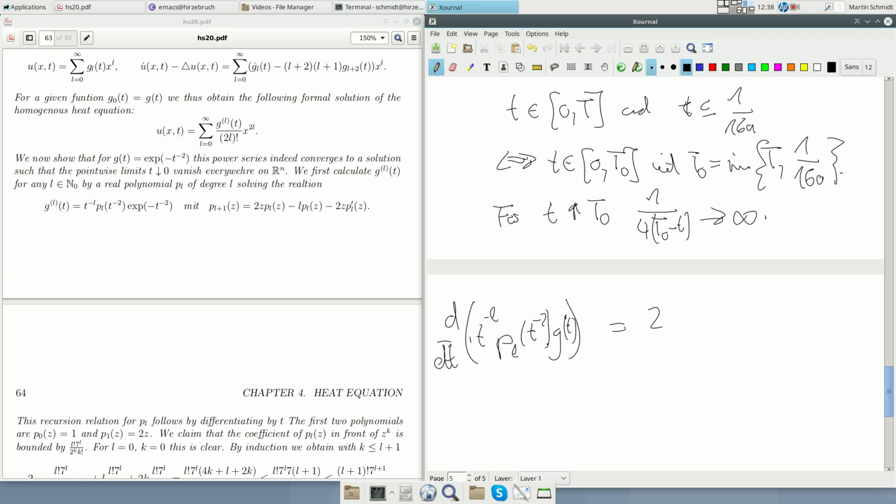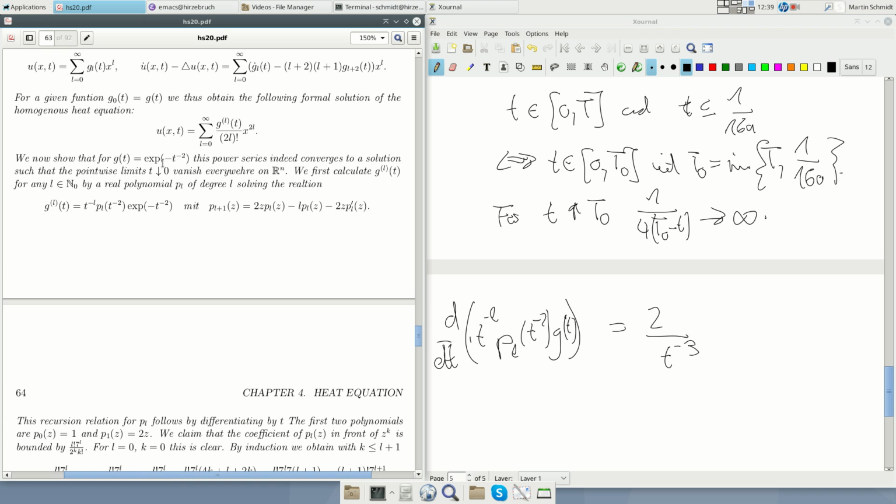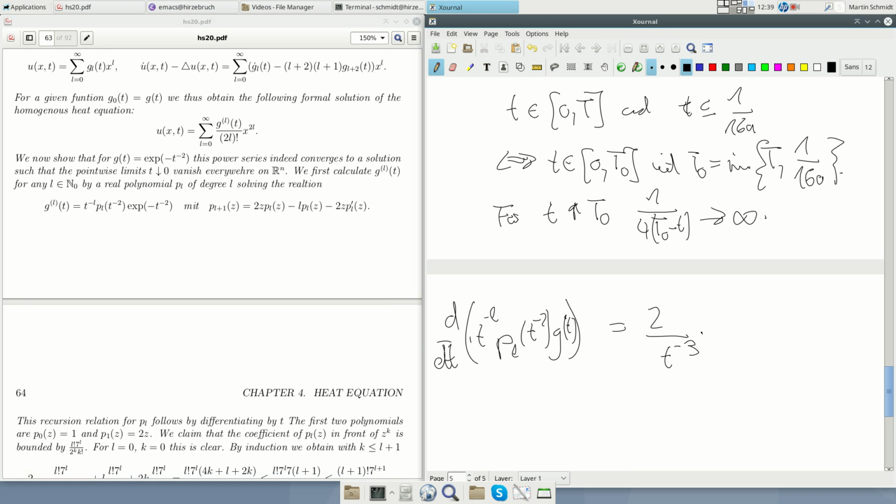Okay, if we do the calculation, first we take the derivative here, then we get plus 2, then the derivative of t minus 2 is t minus 3, and this is the inner derivative here, and then we get times PL of t minus 2 times t minus L g of t.